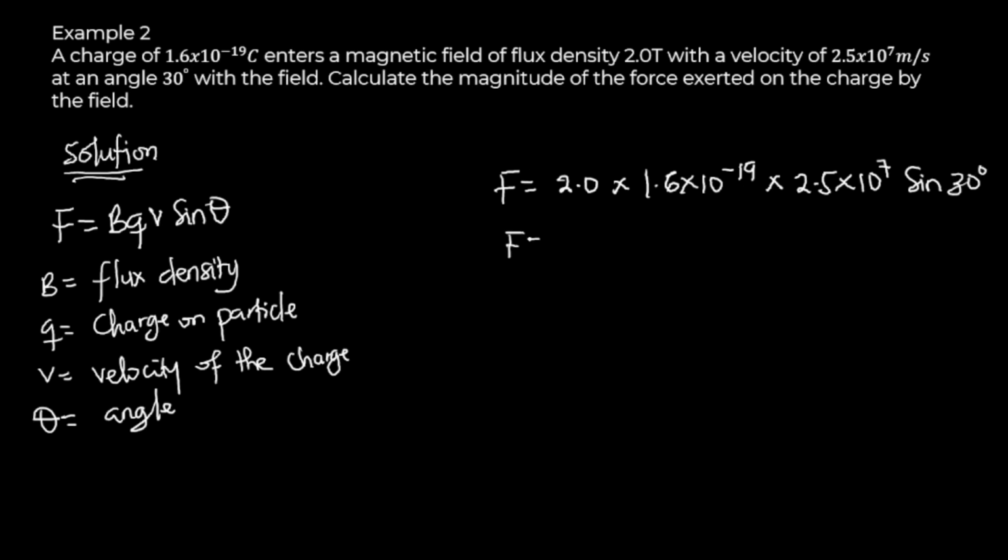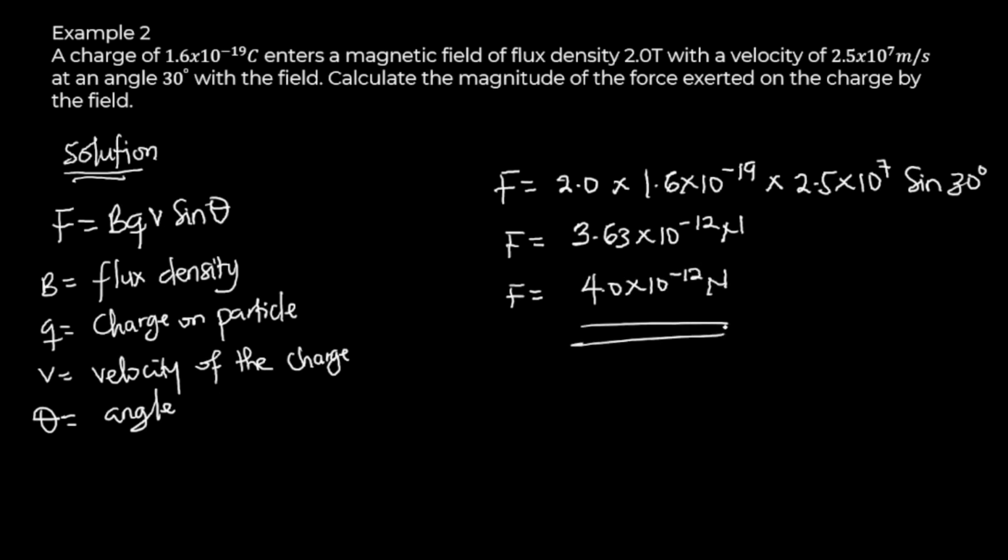If we compute everything into our calculator, we are going to get 3.63 times 10 raised to the power negative 12 newtons as our answer. So rounding this to the nearest whole number, we have our answer to be 4.0 times 10 raised to the power negative 12 newtons as the magnitude of the force exerted on the charge in the field.